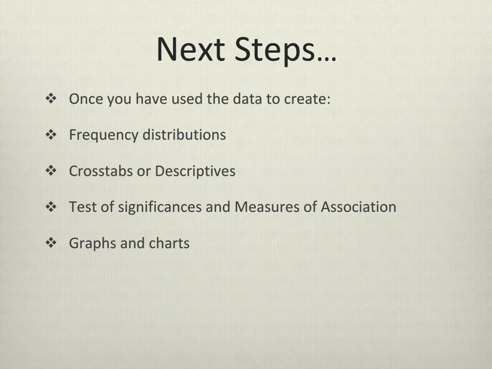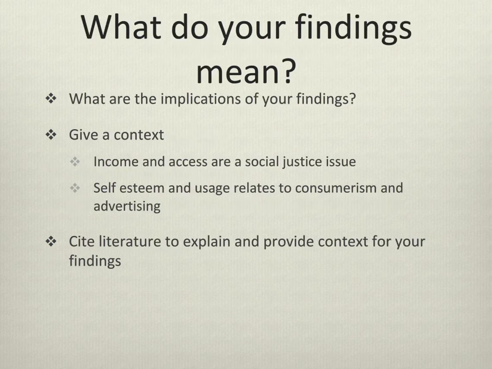So, just to review, once you've used the data to create frequency distributions, crosstabs or descriptives, your tests of significance and measures of association, and the appropriate graphs and charts, then is there anything else? Don't quit yet.